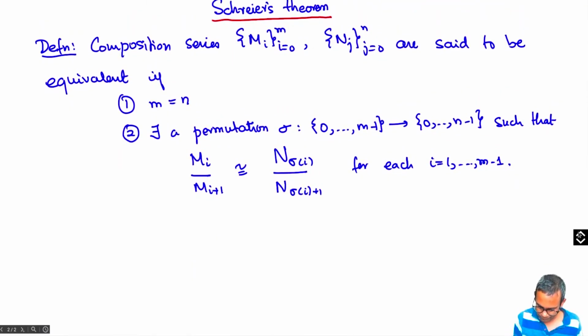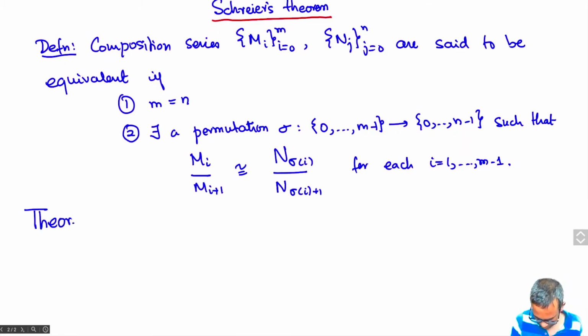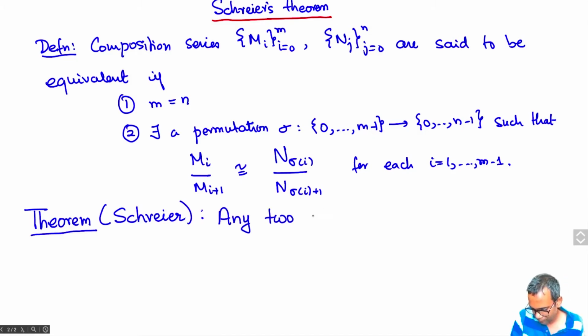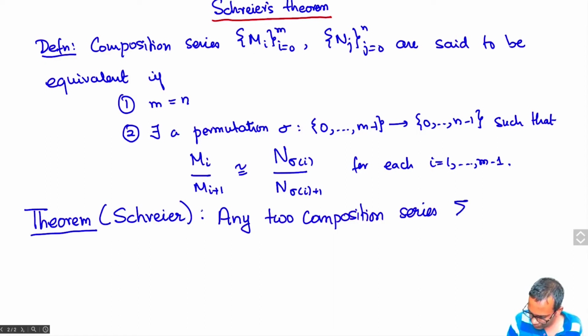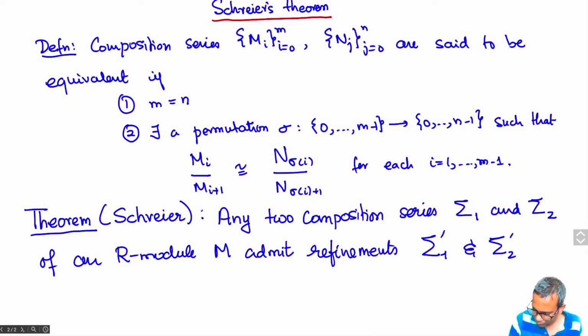So let's state Schreier's theorem. Any two composition series sigma 1 and sigma 2 of an R module M admit refinements, let's call them sigma 1 prime and sigma 2 prime.